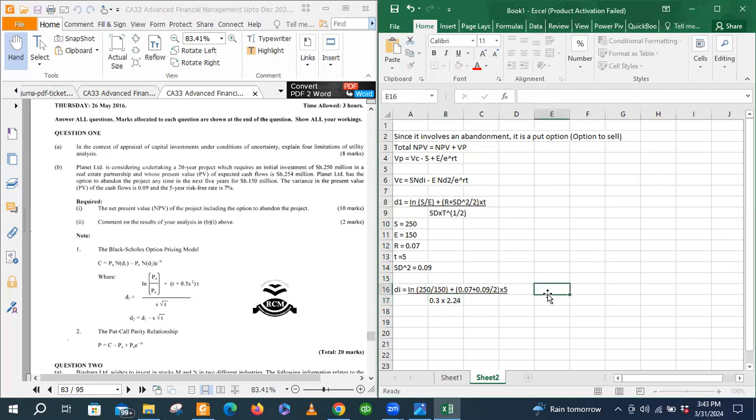So on the calculator, you get D1. Did you see where ln is on the calculator? Yeah, shift ln. It is written ln, so you just open the brackets.